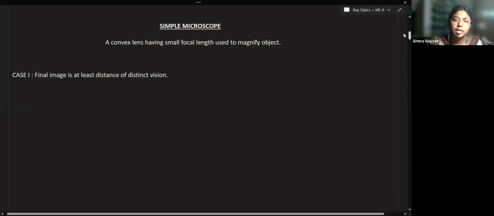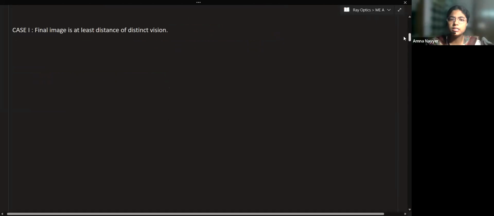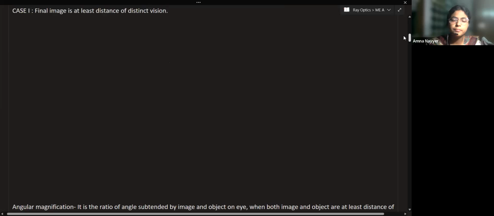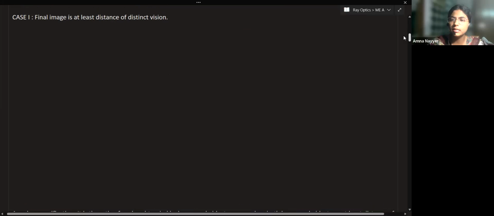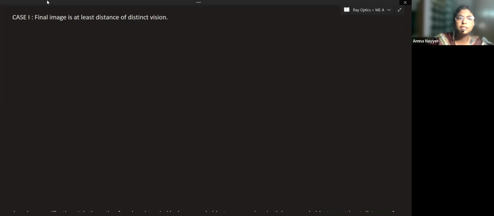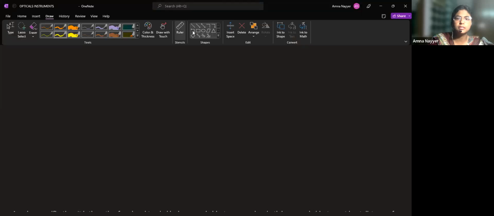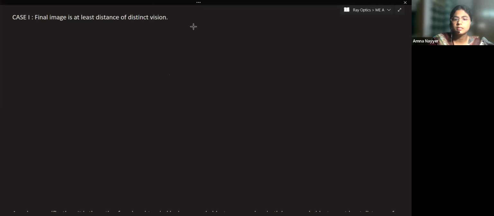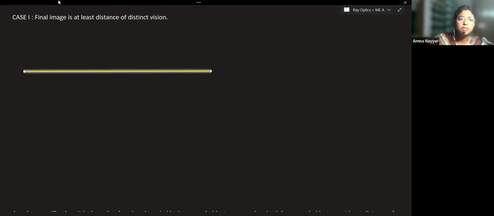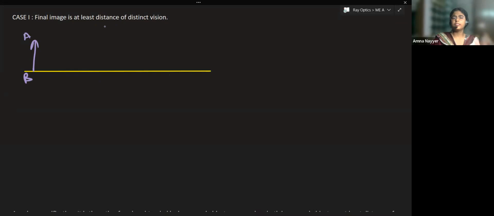Now see, if there is no microscope, the object is there and the human eye is there. This is the object AB, right?